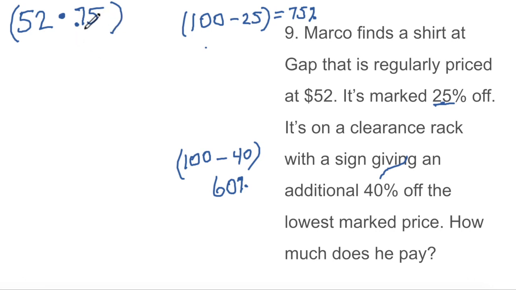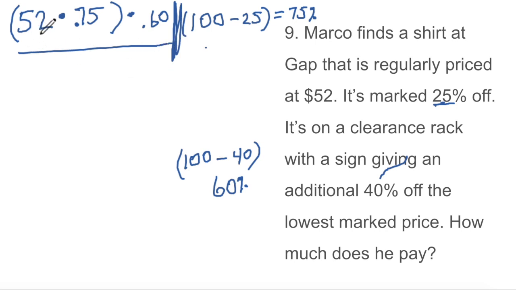So what we have to do is multiply this by the decimal equivalent of this. So what is 60% of the lowest marked price? This is the lowest marked price here we have, 52 times 0.75. And then he gets 40% off of that, so he has to pay 60% of that. So 60% of that is times 0.60. By the way, I kind of wrote this a little too close, but here's our solution right here.